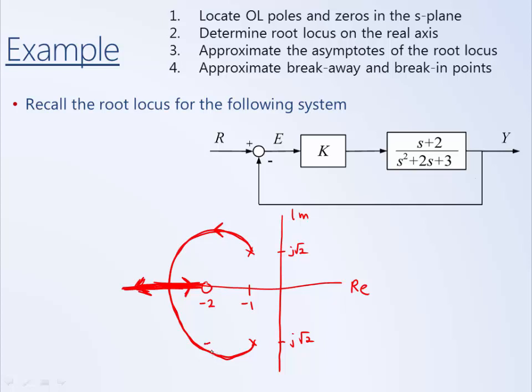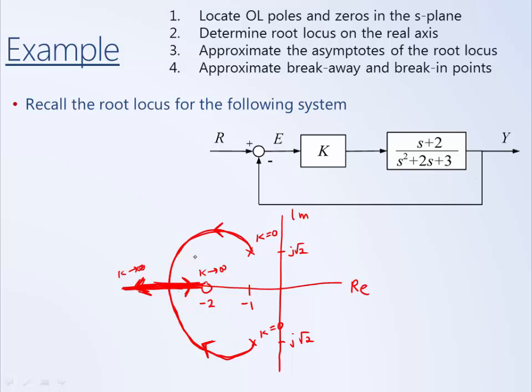Okay. Where these arrows define how the poles move as we increase k. So here we're starting at k equals 0. As we increase k, the closed loop poles move. And as k approaches infinity, they move like this.